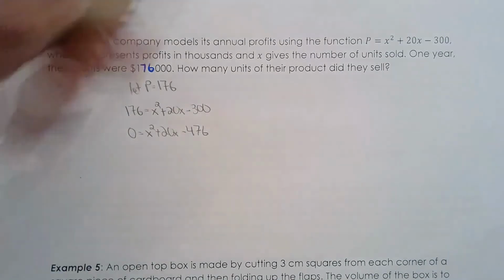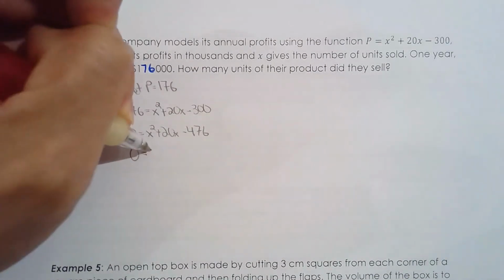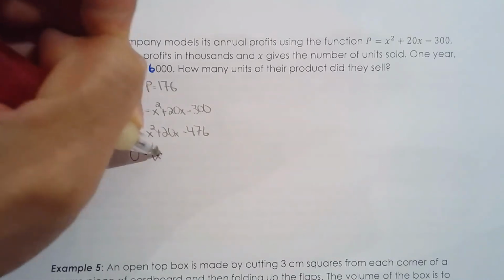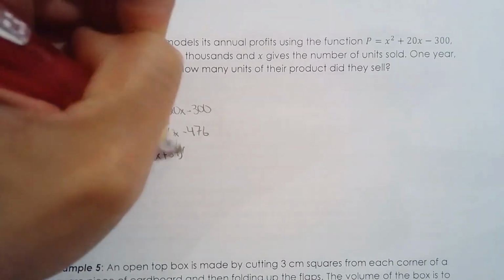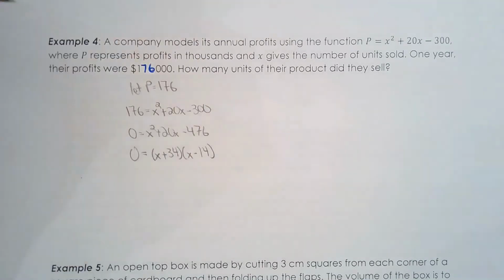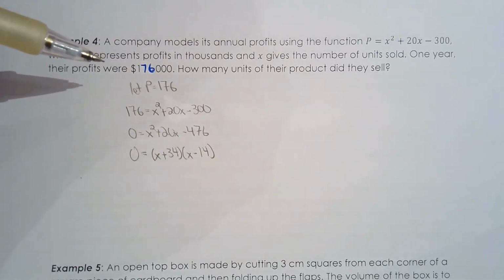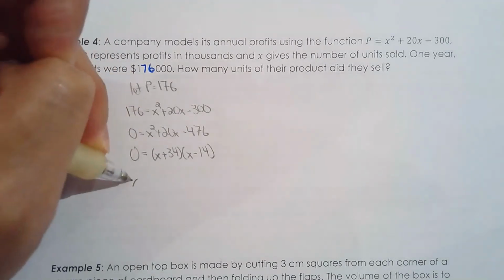Oh yeah, 34 and negative 14. 34 times negative 14 is negative 476, and if you add those two, they give you 20. So perfect. So now apply the zero product property.